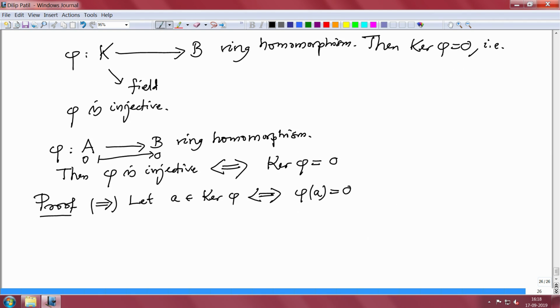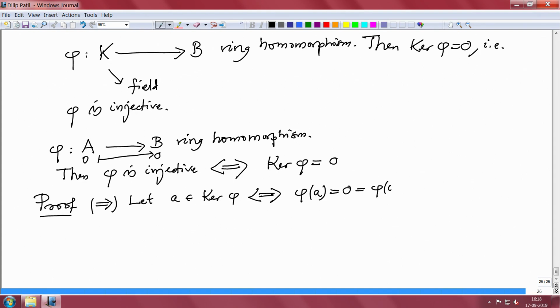That is again very easy to prove. If you have a group homomorphism, then the identity in a group should go to the identity in the other group. So this 0 is phi of 0, but phi is injective. So that will imply A equal to 0. So we have proved this way.